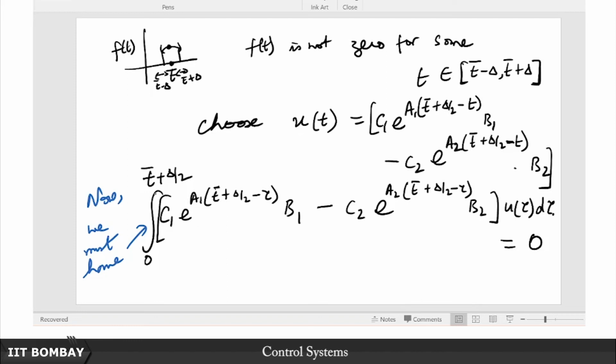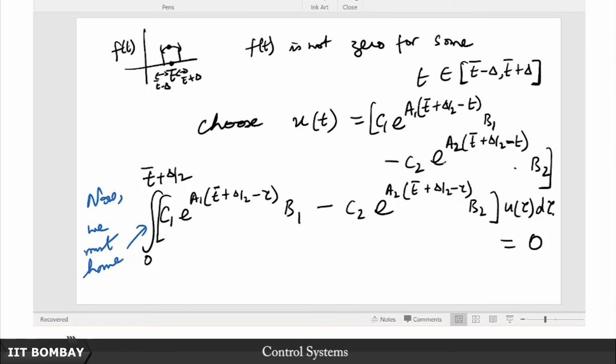Because this is after all y of t bar plus delta by 2 evaluated according to the first map minus y of t bar plus delta by 2 mapped according to the second map, and we know that for all possible inputs that I can apply, if I am applying the same input, both these maps must take me to the same output at every instant of time. So at this instant t bar plus delta by 2, it must take me to the same output, right. So therefore the difference of the output obtained through map 1 and the output obtained through map 2 must be 0.